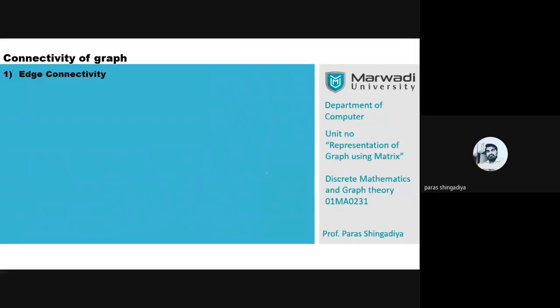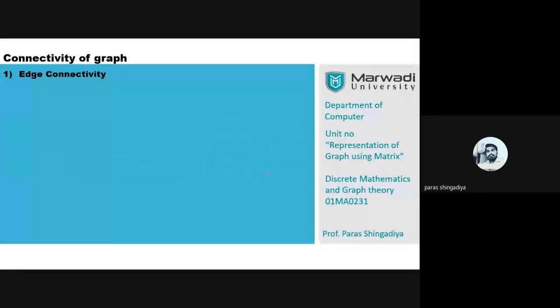In edge connectivity, how many edges we need to delete, the minimum number of edges, to make the graph disconnected. This number of edges is known as the edge connectivity of the graph. We need to find some sets of edges and check which one is the minimum set of edges that makes the graph disconnected.